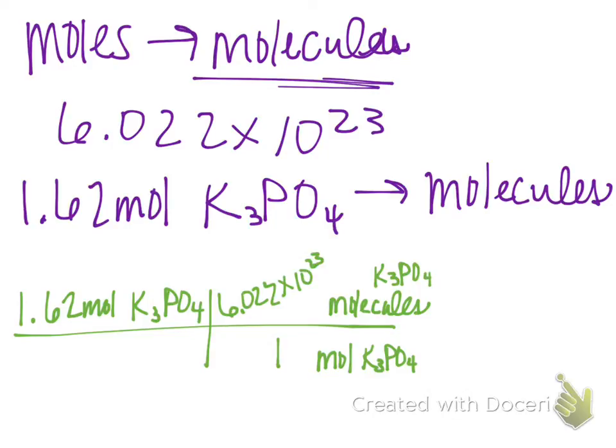Do we need to find the molar mass of potassium phosphate here? No, we do not need to do that. A lot of you will try to put in molar mass somewhere here, even though it doesn't really fit, but we try to do it anyway, okay? Pay attention to what we really need. We're done with moles, so here we multiply across.